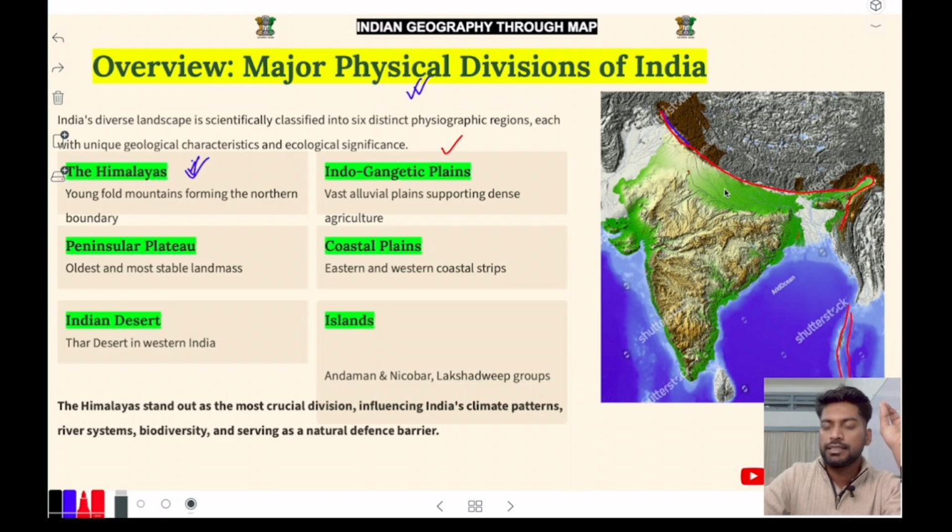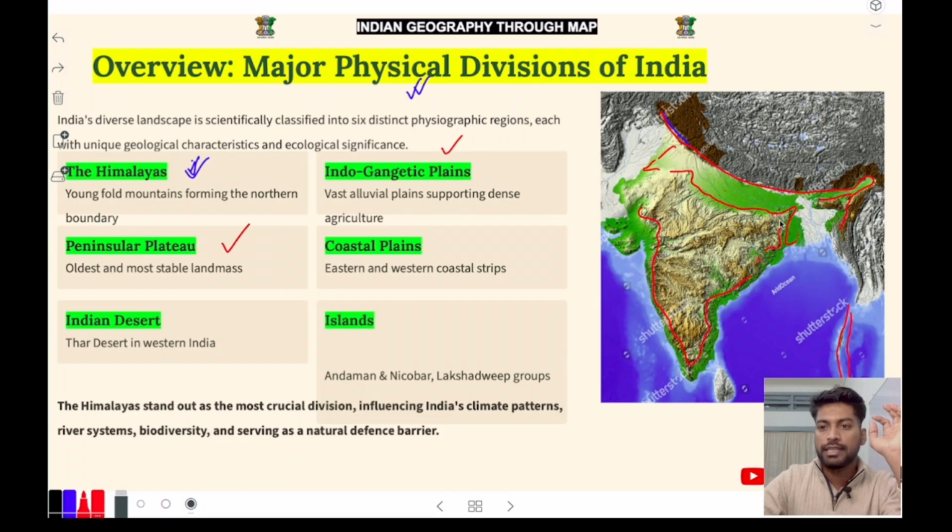So this you can see the blue color. This is your plain area where we see paddy fields and all. It's a plain area due to the erosion of rivers after your Himalaya, Ganga, Brahmaputra and Indus. After that you see peninsula plateau. So this you can see is not mountain but some uplifted portion that is called plateau.